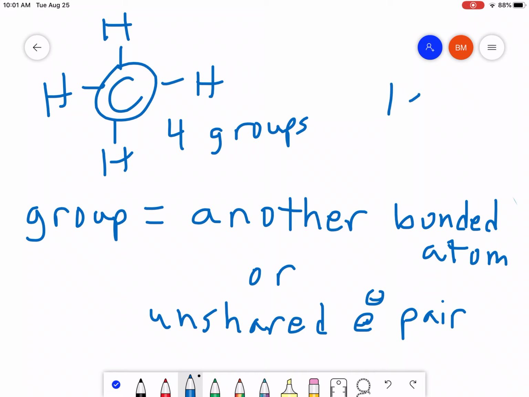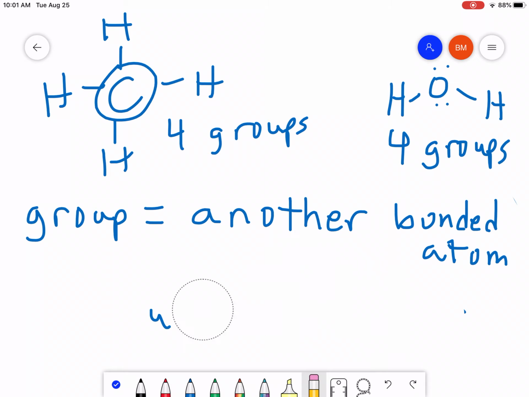Water, if we're looking at the oxygen, it has 2 unshared pairs and two bonded atoms. 2 plus 2 is 4 groups, right? So figure out how many groups are on an atom. That's how you get started.